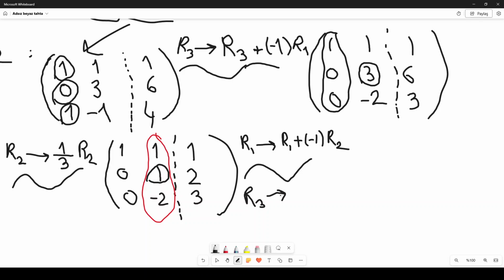And for the third row, because I get minus 2 here, if I multiply row 2 by 2, then I will find what I need, right? Multiplying row 2 by 2, we got 2 here, and if I add them up, we got the 0.